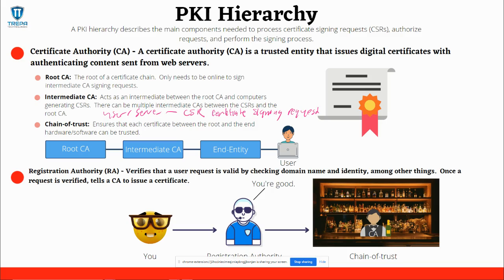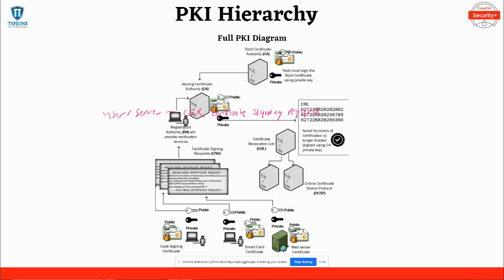Once the RA, or registration authority, decides the request is valid, it will tell the CA to issue a certificate. For example, my site, Trepa Technologies, had to be verified before being assigned a certificate. Once my website was assigned a certificate, it was trusted by a root CA, and anyone connecting to it via HTTPS would not get a certificate error.